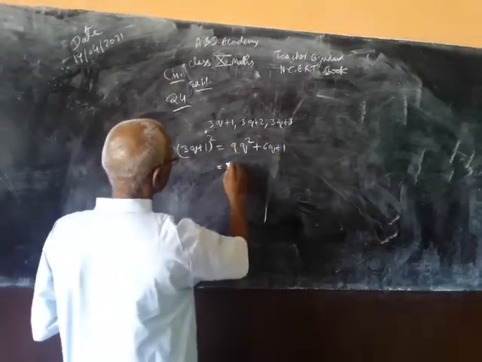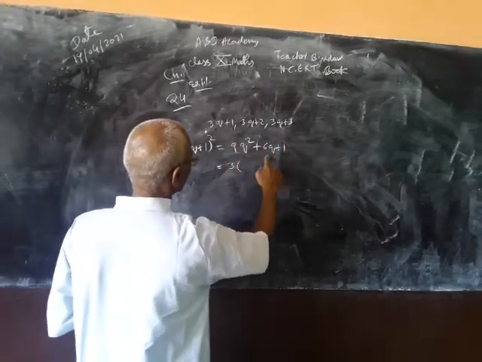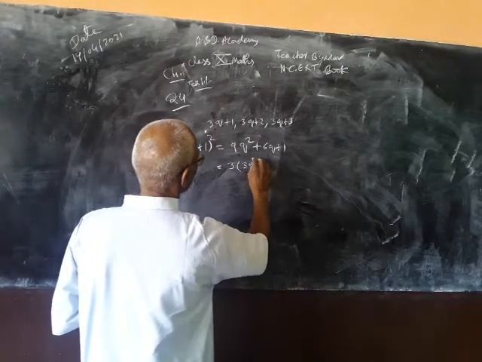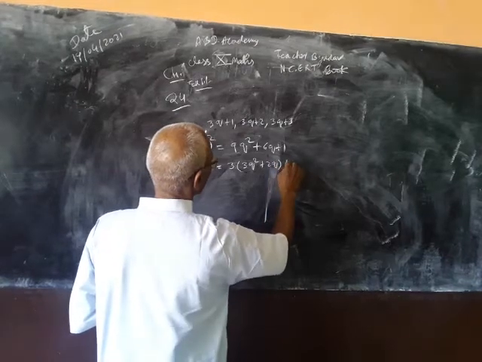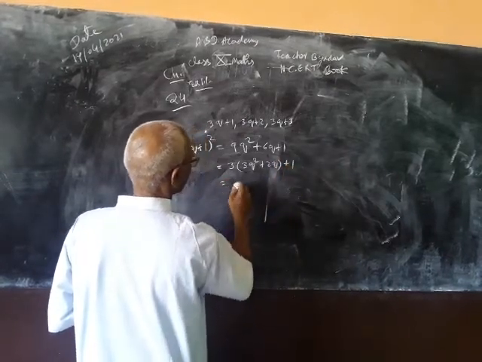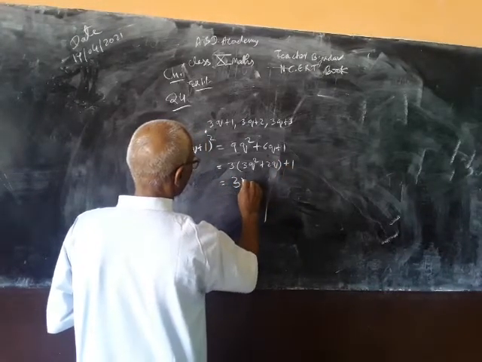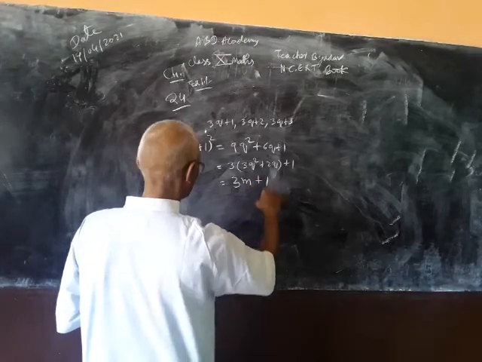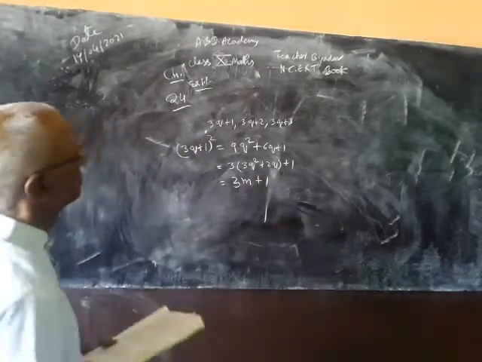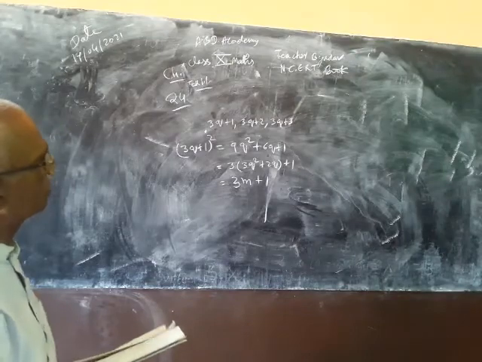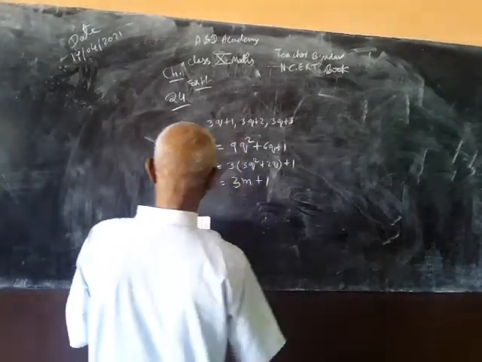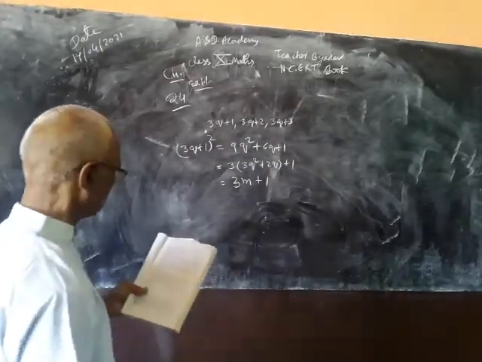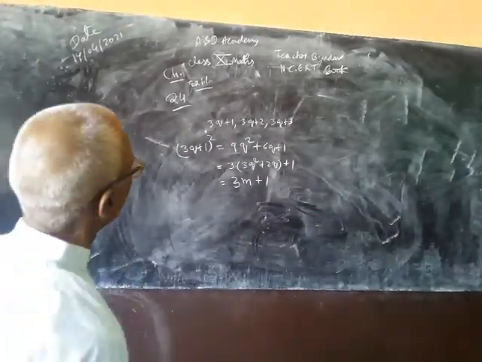By taking 3 common in these two terms, we have 3 times (3q square plus 2q) plus 1, that is 3m plus 1. Here 3m or 3m plus 1, two options are given. So this is 3m plus 1.